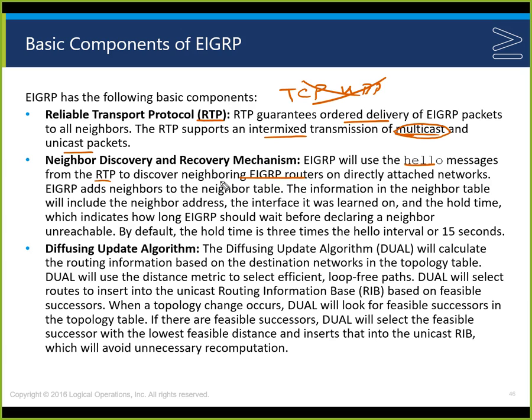With OSPF, when a link goes down, it has to go through the recalculation. With EIGRP, when a link goes down, it's got the standby route available and it can immediately take over.